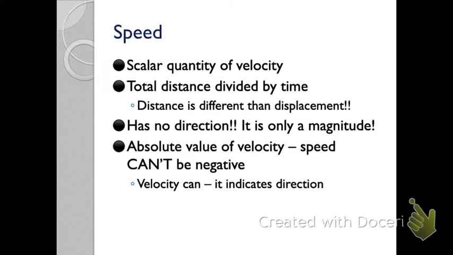Distance is not displacement. It cannot have direction because it's only a magnitude, right? Speed can never be negative because negative tells us direction. So speed is just an average of your total distance divided by total time. Right? That's a really, really important difference there. Total distance divided by total time.